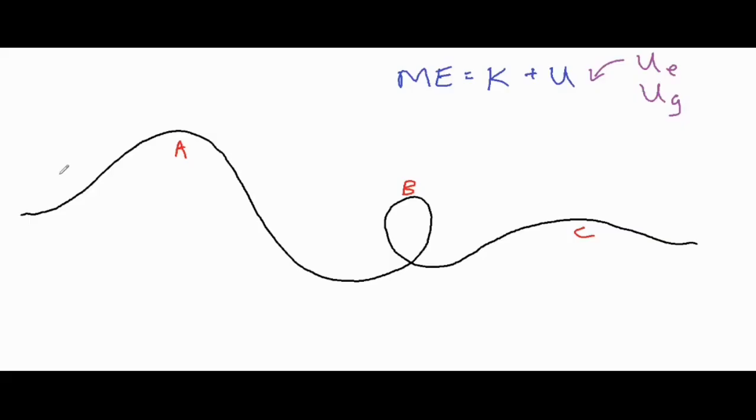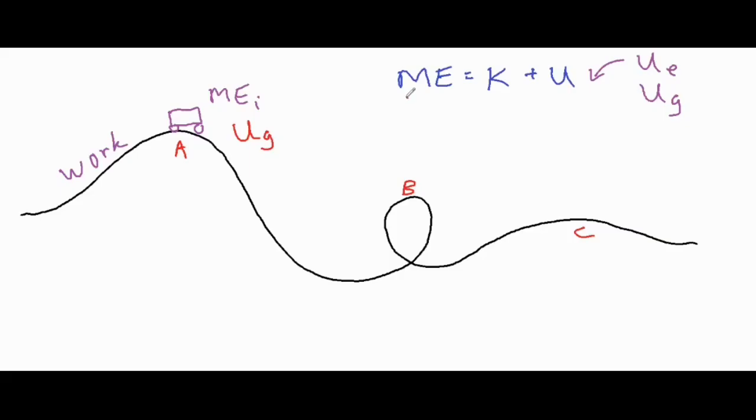Now, the rule is once some work is done on the roller coaster by the chain lift, the roller coaster cart itself has a certain amount of mechanical energy. We'll call this MEI. At the very top, it will have pretty much all gravitational potential energy, and then it will not have any kinetic energy right before it drops. In reality, it probably has just a little bit.